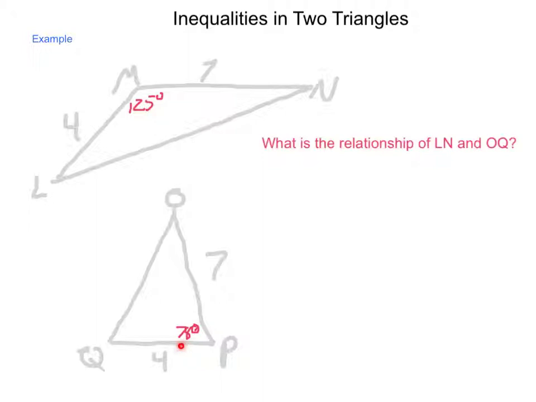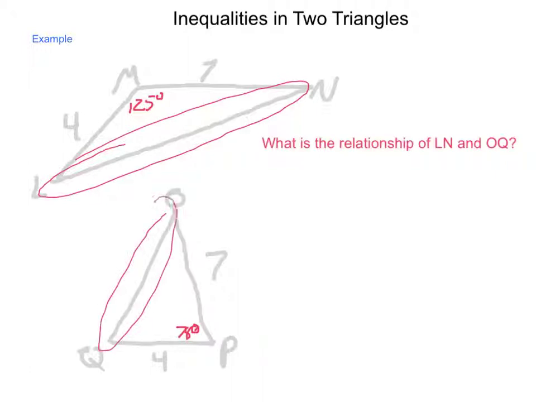So what would be the relationship between the length of line segment LN and the length of line segment OQ? Well, because angle M is larger than angle P, we would have to conclude that LN is larger than OQ. And that's all that we get from the Hinge theorem.